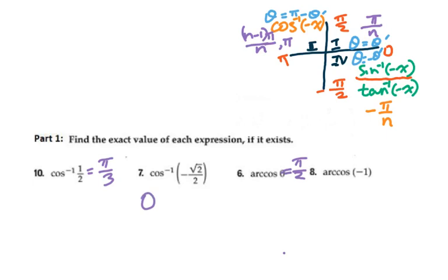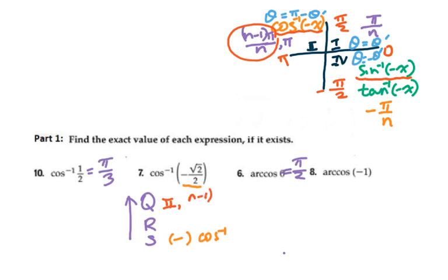For number 7, we're working on QRS backwards. We have a negative sign for the domain of inverse cosine. According to this chart, we go to the second quadrant. For the second quadrant, the pattern will be n minus 1 pi over n.